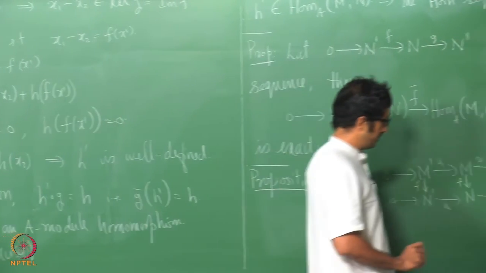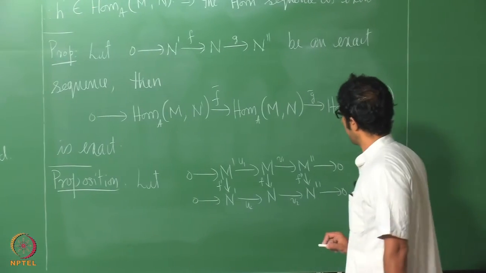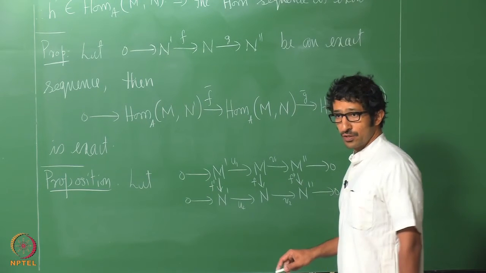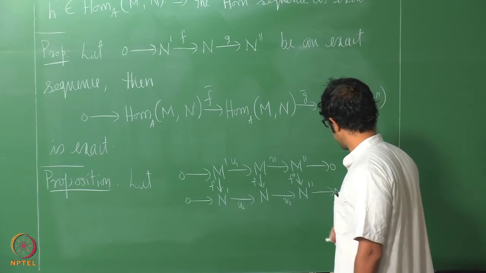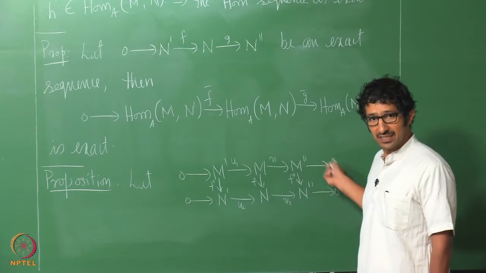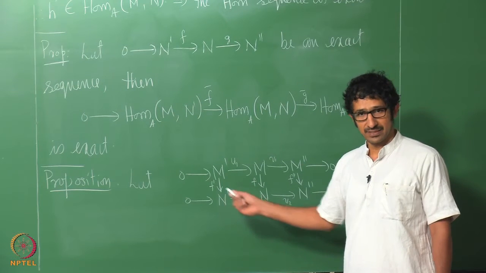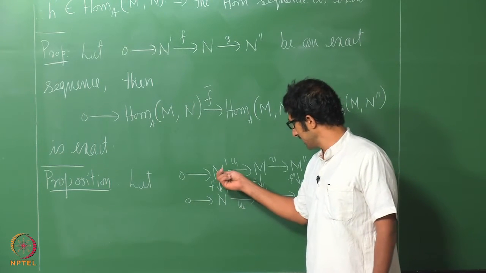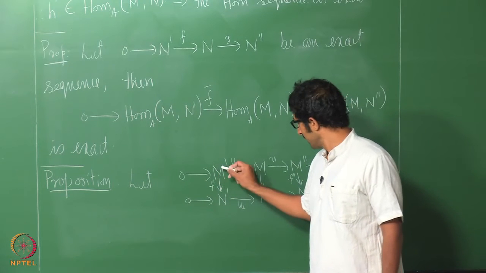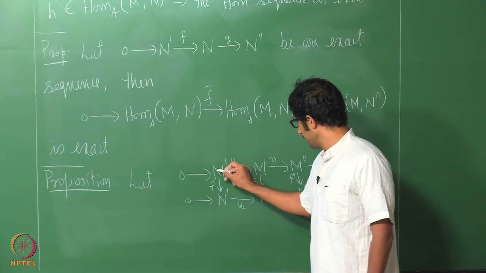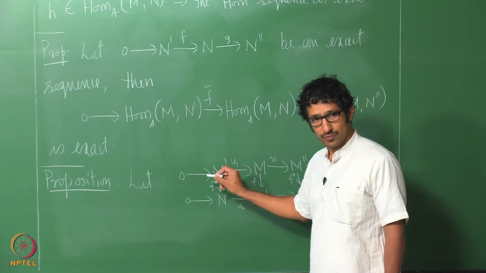When you have a diagram of module homomorphisms like this, we say this is a commutative diagram if for any element here, you can reach here by two ways.